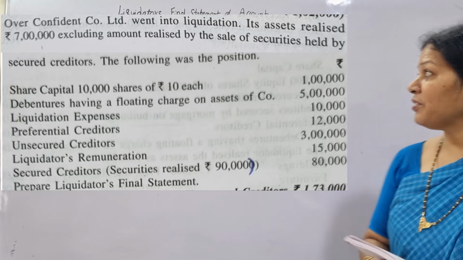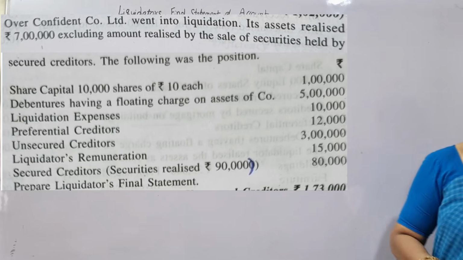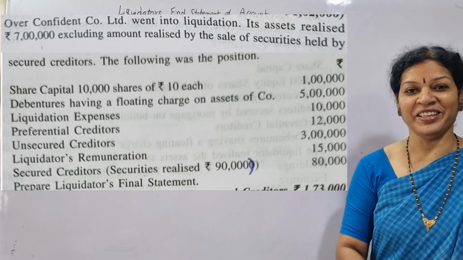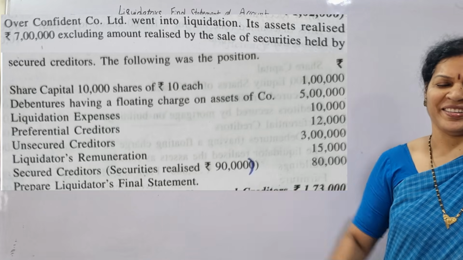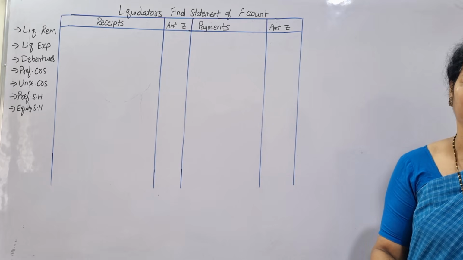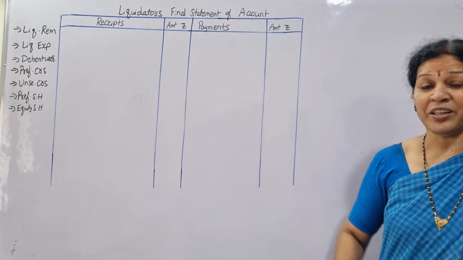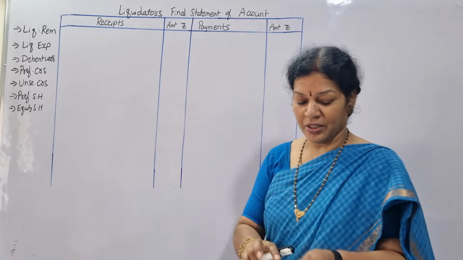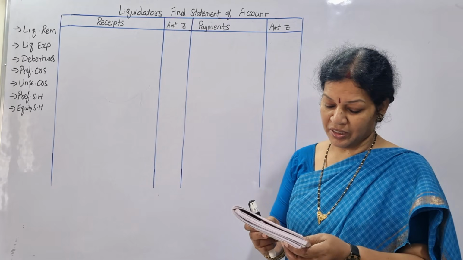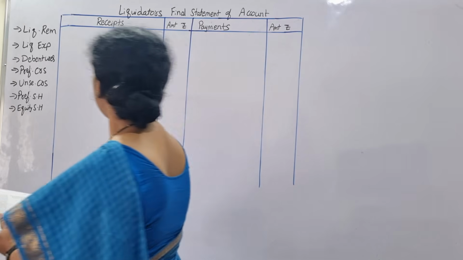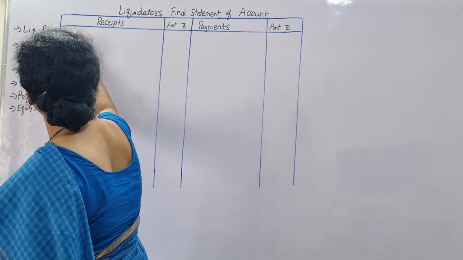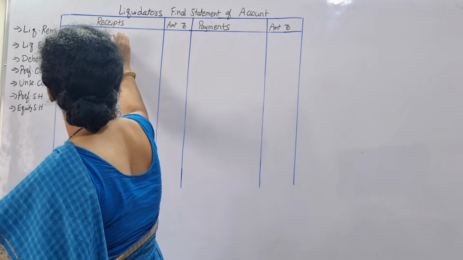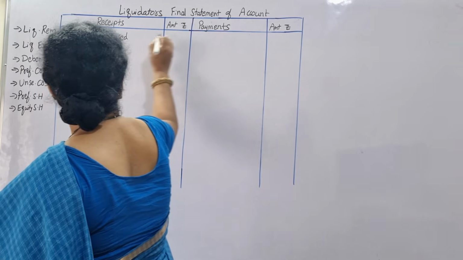Okay, it's very easy. Here the important thing is that liquidator remuneration is given, so we need not calculate it. The problem is very simple; you simply have to post it. On the debit side, what do you write? Always remember, on the receipt side you'll write assets realized. The assets realized amount given here is 7 lakh.